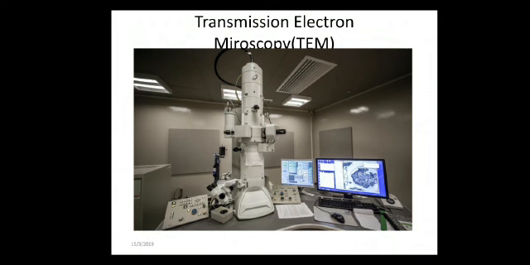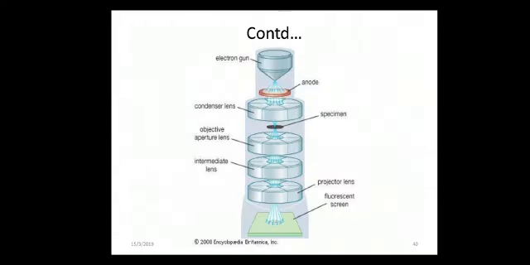So how do we get the image in transmission electron microscopy? You can see the arrangement is almost similar to the scanning electron microscope, but here the resolution is higher.